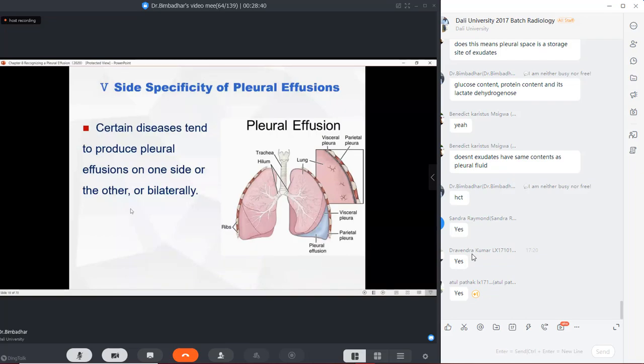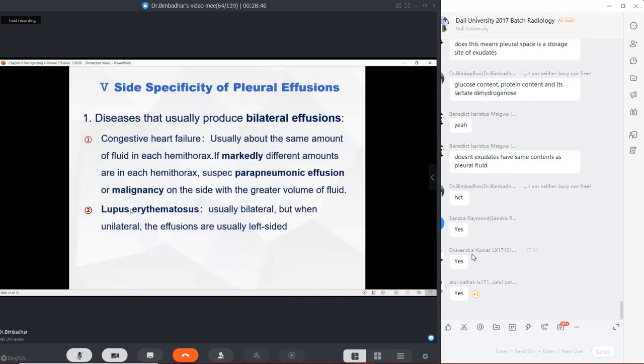Next, we have to know the diseases that actually cause a bilateral pleural effusion. First, the kinds of diseases that produce a lot of changes in the hydrostatic pressure or the osmotic pressure.